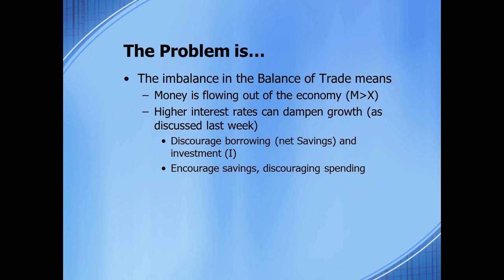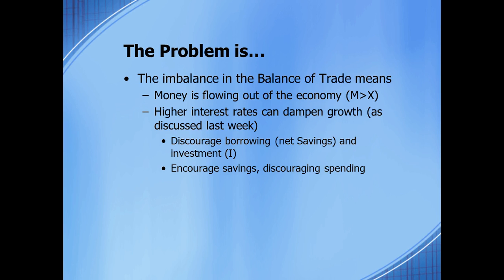The problem is, if we have this imbalance of trade, it means there's too much money floating out, so the imports are higher than the exports. So we have to make sure that we can grow to make up the money in a similar fashion.